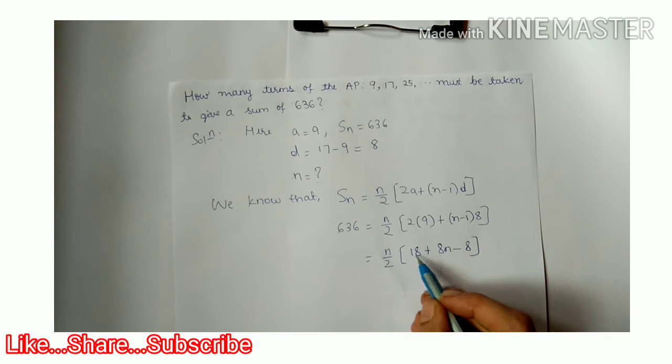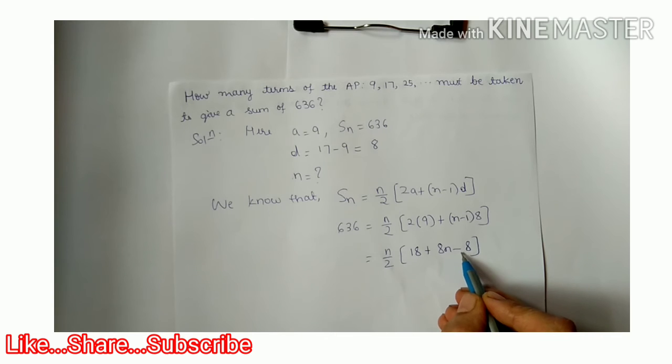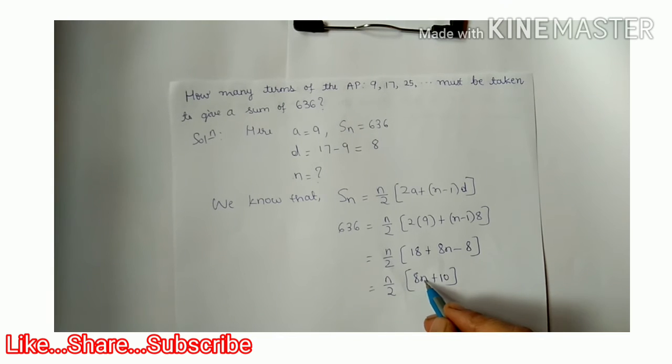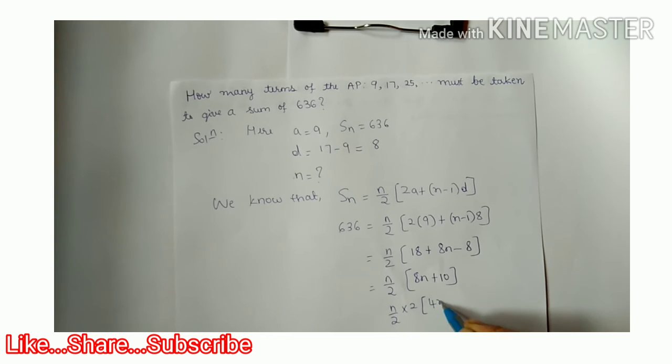8n plus 18 minus 8, that is 8n plus 10, is equal to n by 2. Here take 2 common, 2 into 4n plus 5.